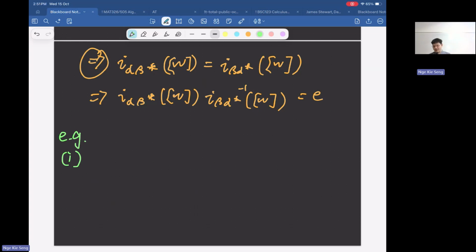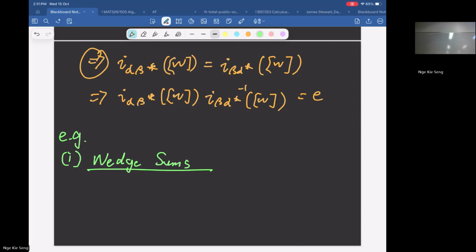To talk about the first example, we want to define what is called the wedge sum. Wedge sum came out in your assignment, and since I'm so late introducing this, how about we just extend to Tuesday? You can set an earlier deadline for Monday.